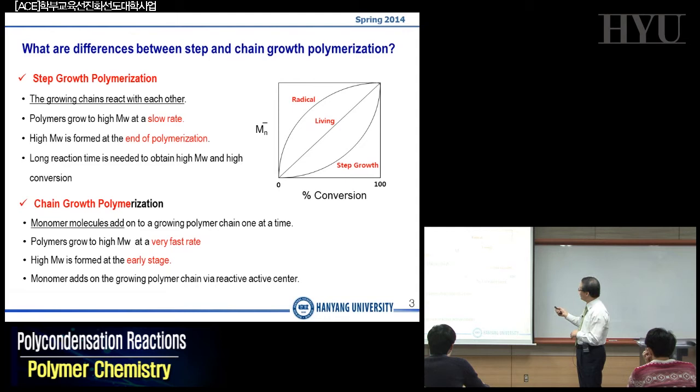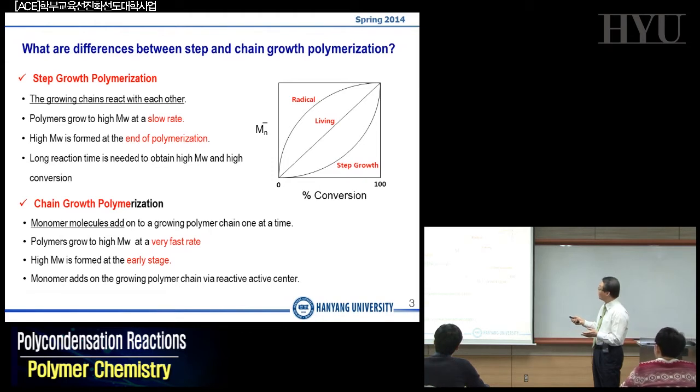However, the shape of the molecular weight increase is different depending upon the reactions. Okay? In the case of step-growth polymerization reaction, we knew that it's very slow at the beginning. Mn is molecular weight, and it's very slow. But at the final stages, you increase your molecular weight. Whereas radical polymerization is one of the chain-growth polymerization reactions.